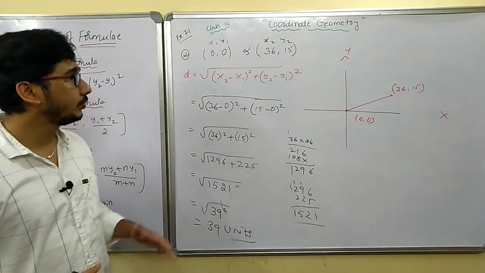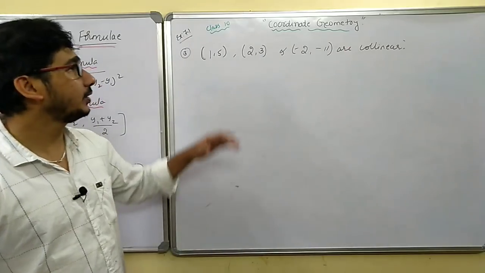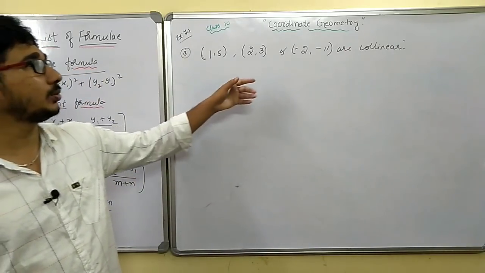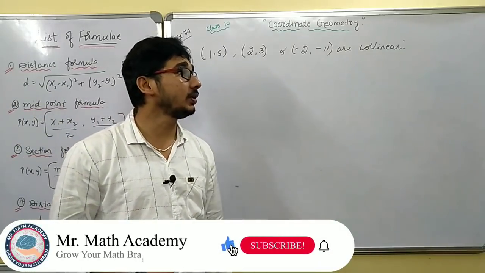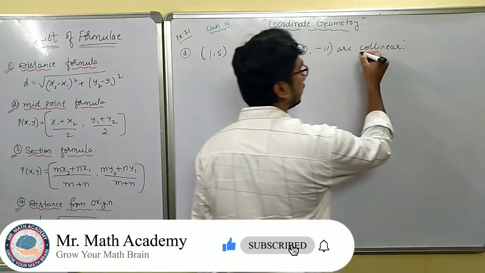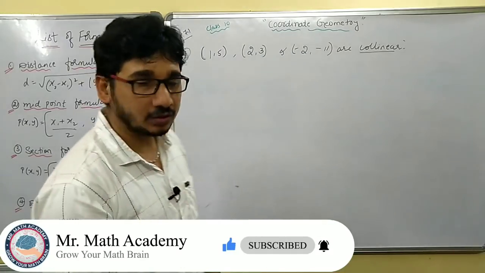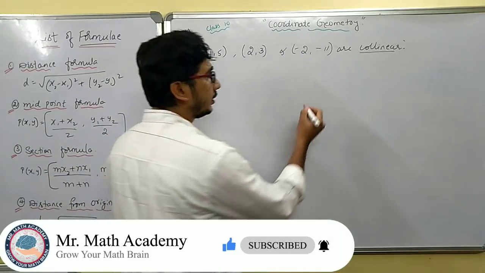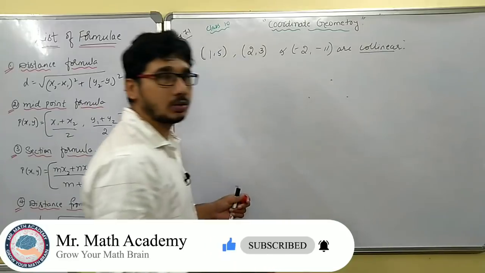Okay, let us go ahead to question number 3. In this they have given the points 1 5, 2 3, minus 2 minus 1, and they are asking collinear. This is the most important point. What is the meaning of collinear? See, these 3 points are non-collinear points.